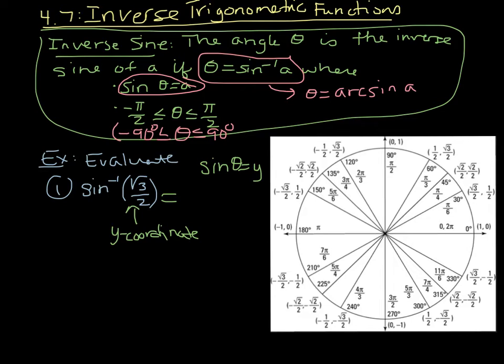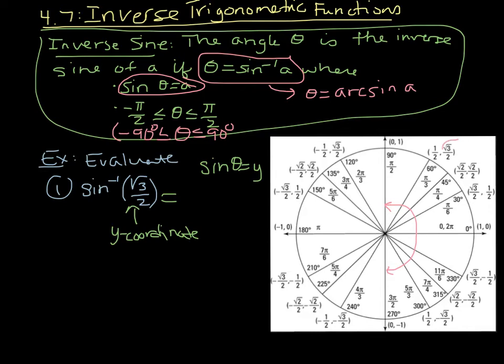So our answer is going to be an angle. The other thing that we know is that we want our answers to be between negative 90 and positive 90. That means that we're going to be on this whole part of the unit circle right here, so you can ignore anything else on there for now. We're going to look on our unit circle and see where the y value is going to be radical 3 over 2.